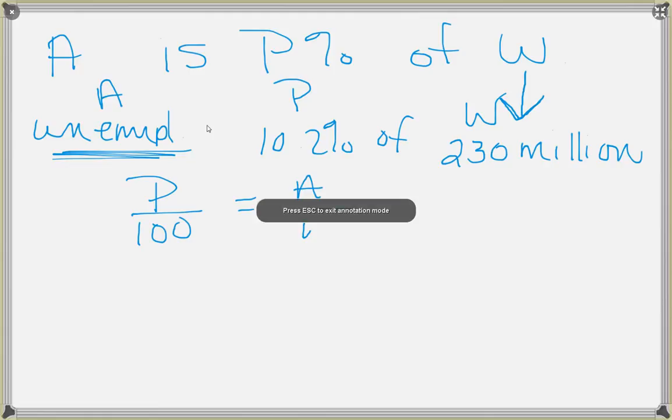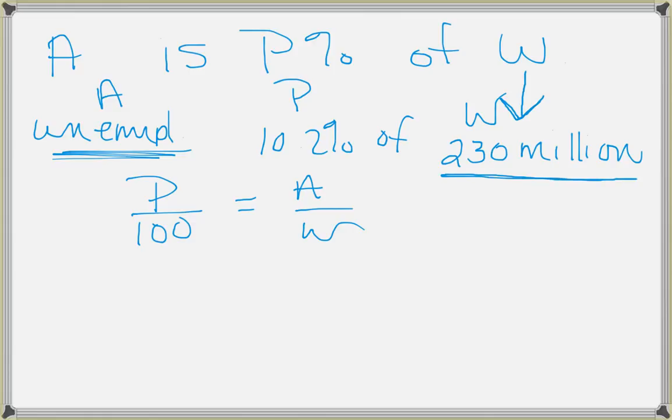The hard part is going to be figuring out what's the whole, what's the percentage. Just remember that you're looking to see which group this one comes from. This is the one that comes from the whole. So that's what you're looking for.